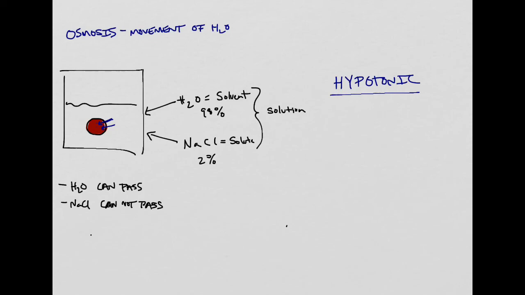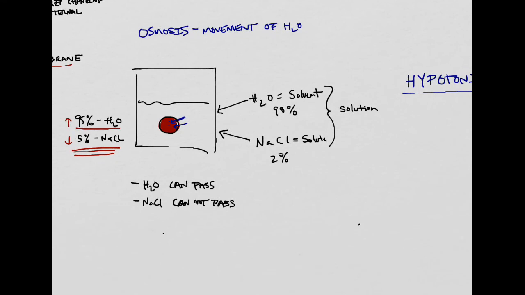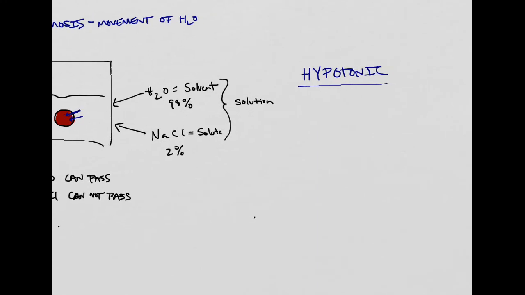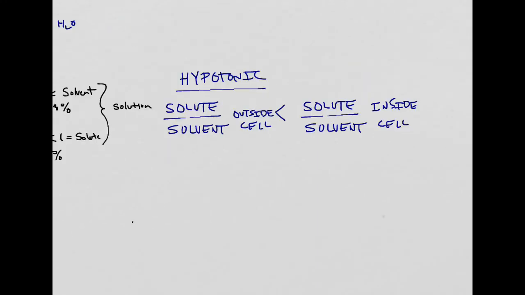This means that the number of particles of solute, this is salt in this case, to the number of particles of solvent, water in this case, of our solution was less than the ratio of solute to solvent in our cell. So we can also state this as the ratio of solute to solvent outside the cell is less than the ratio of solute to solvent inside the cell.